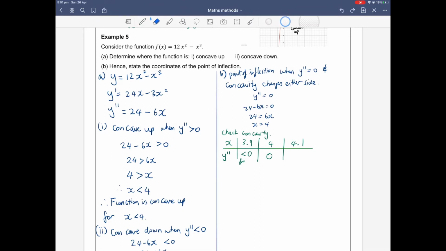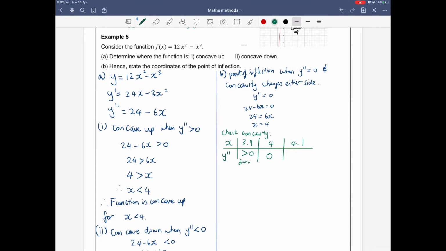Oh dear, that's wrong. So let me do that again. So we solved that y dash dash equals 0 and x equals 4. Checking a little bit to the left is 3.9. From part A, we said that anything that's less than 4 in x value is concave up, meaning that the y dash dash is positive.